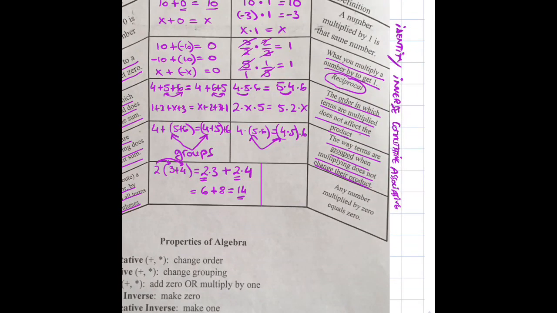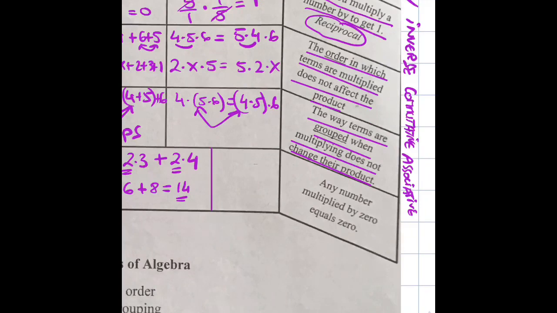And the last property, it's also the easiest property, is the multiplicative property of 0. It has the longest name, but it is the easiest property. Multiplicative property of 0.